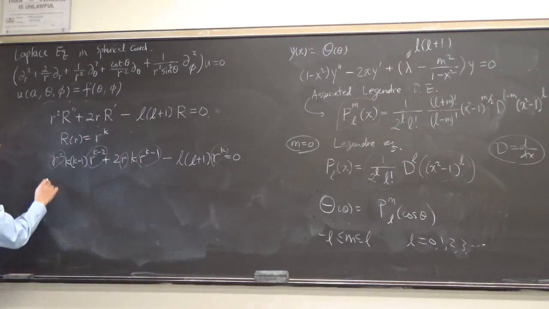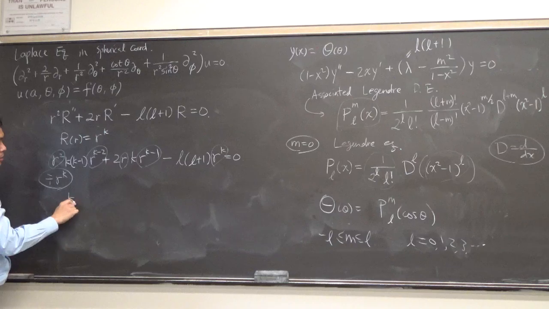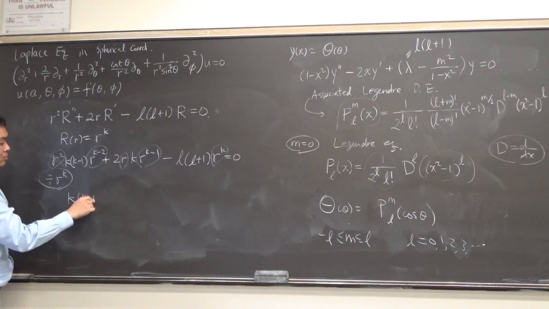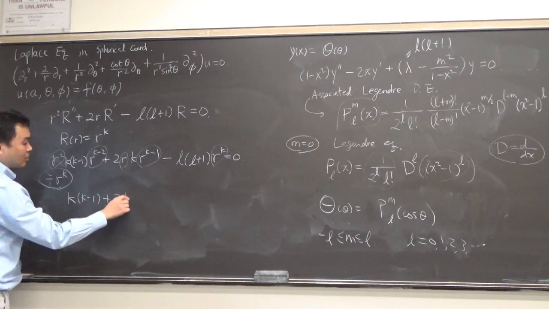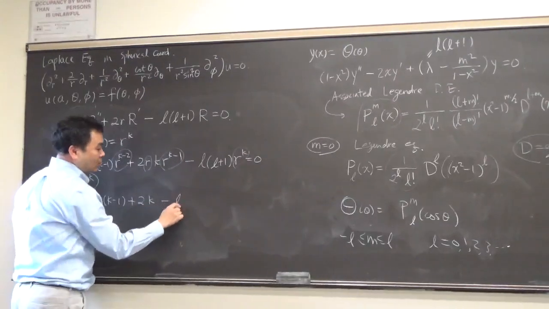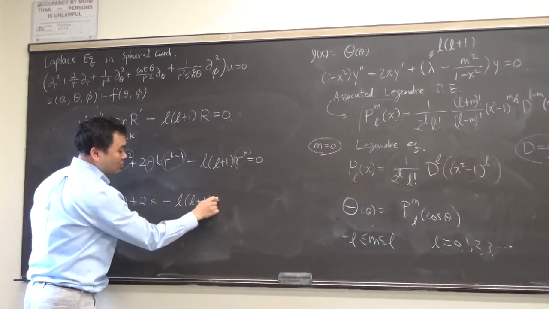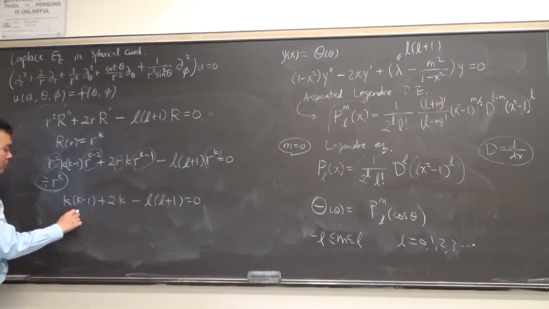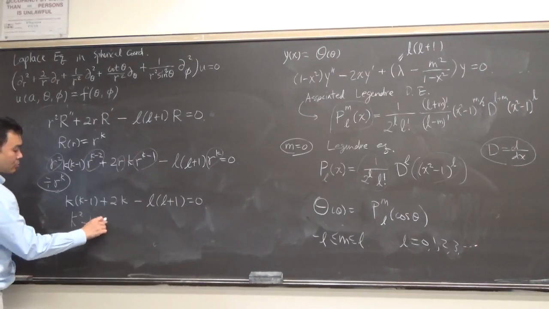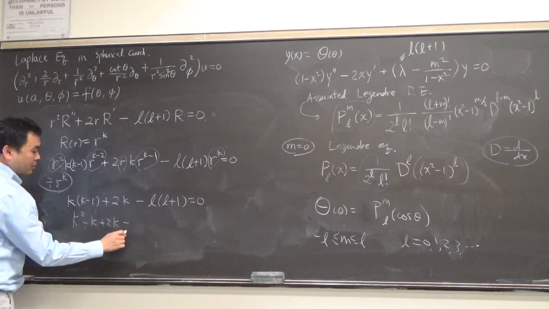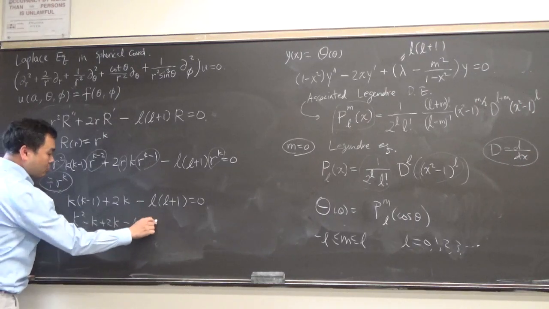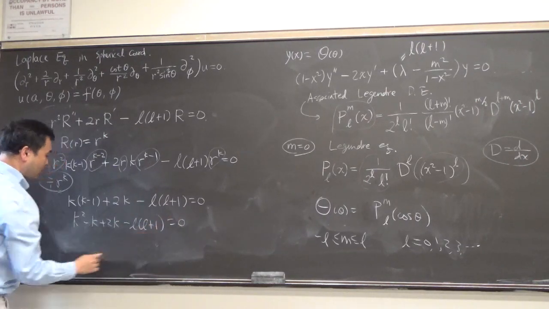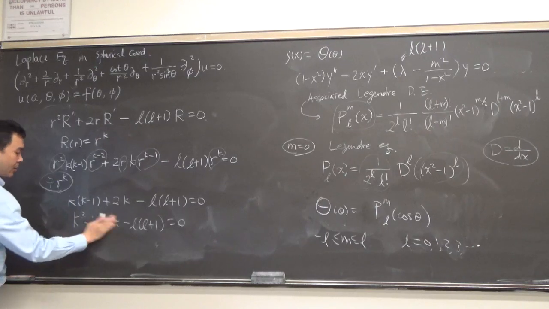So if I divide by r to the k, then I get k times k minus 1 plus 2k minus l times l plus 1 equal to 0. You get k squared minus k plus 2k minus l times l plus 1 equal to 0. So this is like k squared plus k.